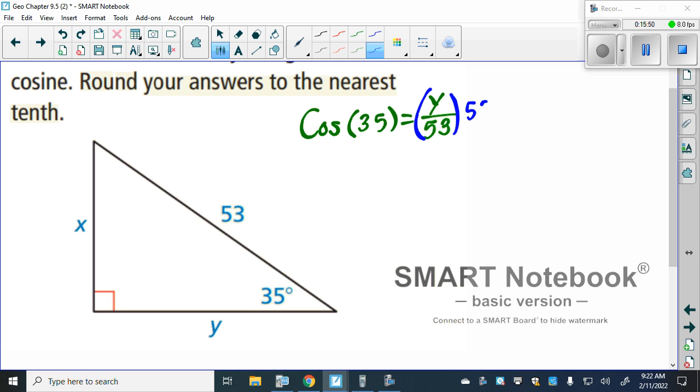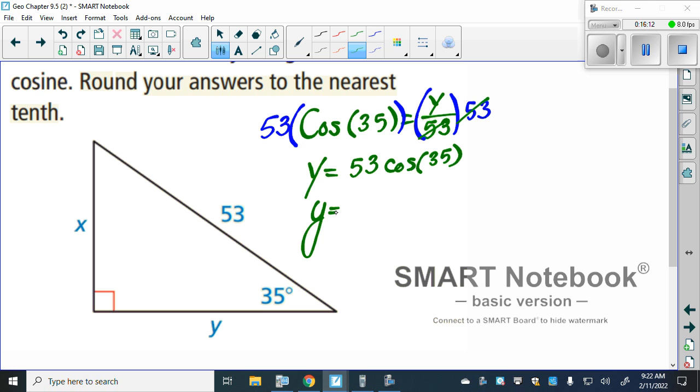Multiply both sides by 53. Which will tell us that y is equal to, because these 53s will cancel, 53 cosine of 35. And again, at this point here, we just type this straight into the calculator.